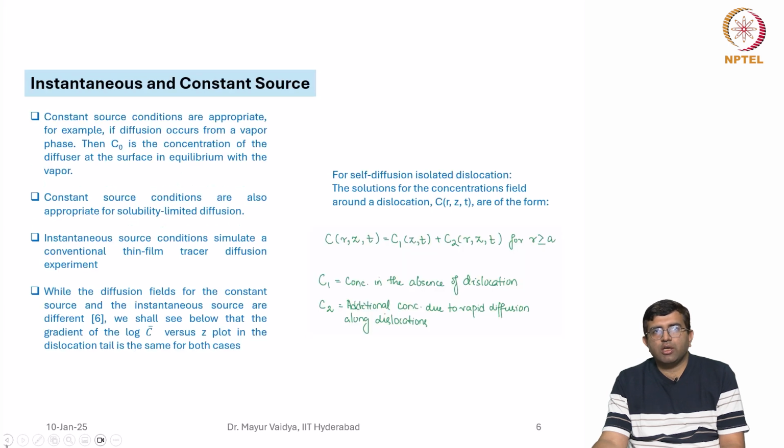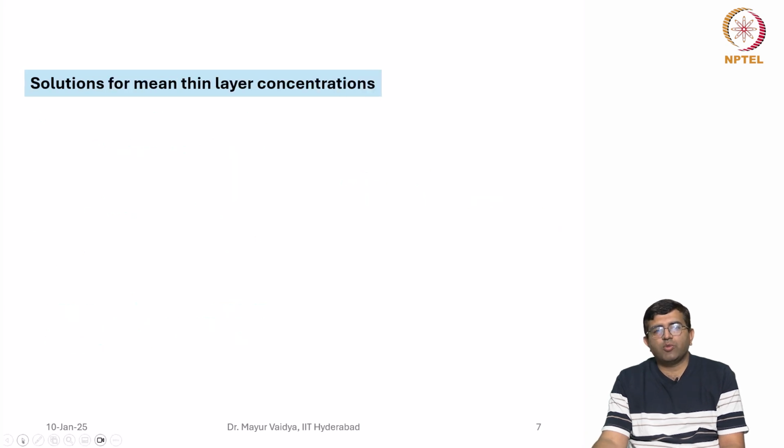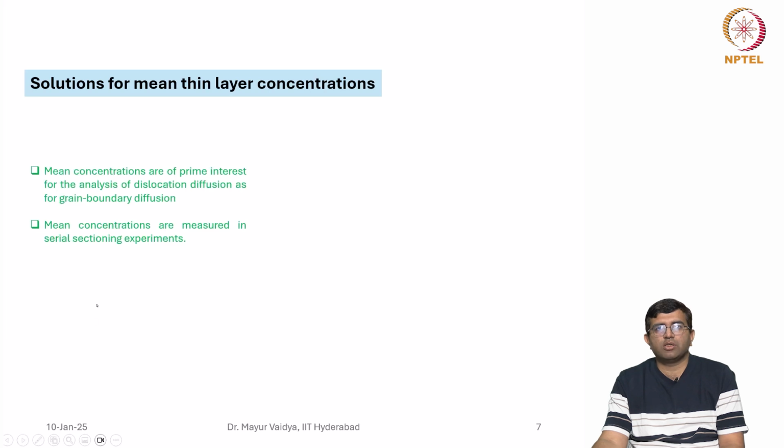So, actually you can derive certain expressions for C1 and C2 as well, but those are tedious and we are not going to look into that. What is often more important or more practical is the mean concentrations. They are of prime interest for the analysis of dislocation diffusion, like we did in the grain boundary case also.